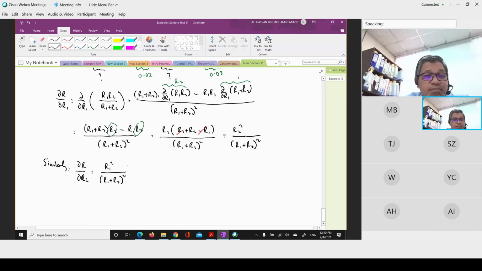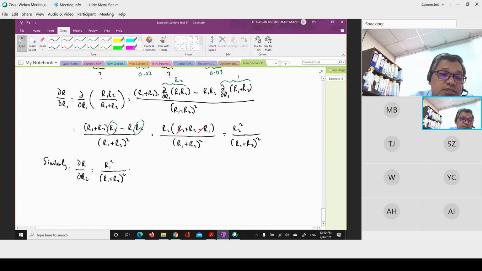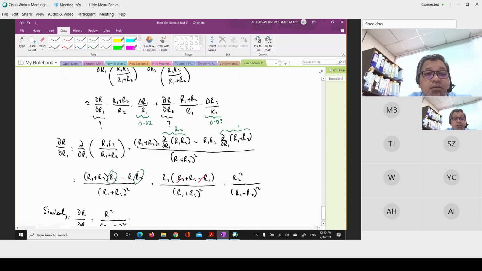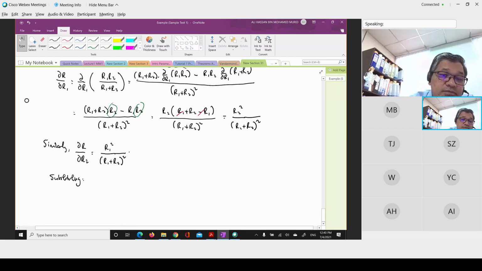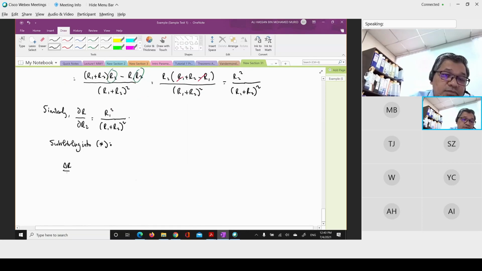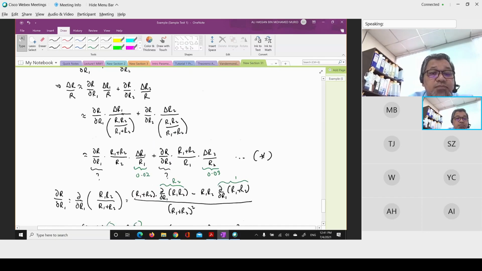Okay. So now we substitute. So substituting where? Here in this equation. Substituting into equation star, then we have delta R over R approximately equal to, the first partial is what?